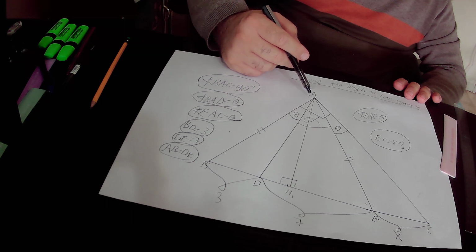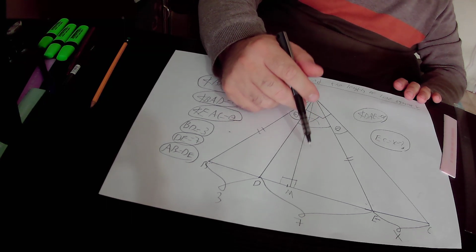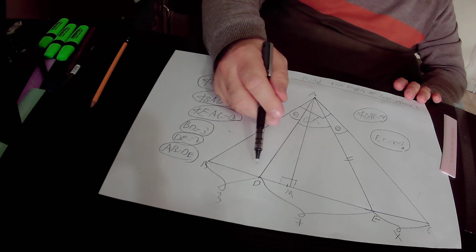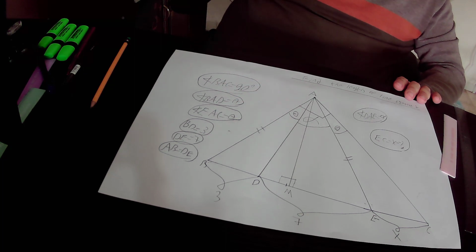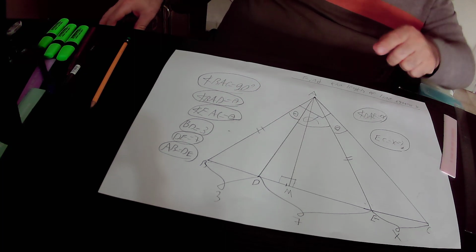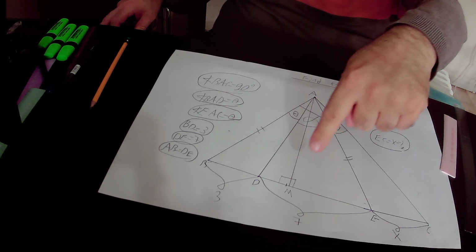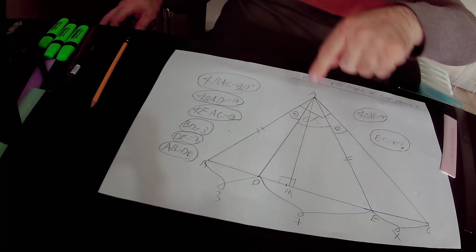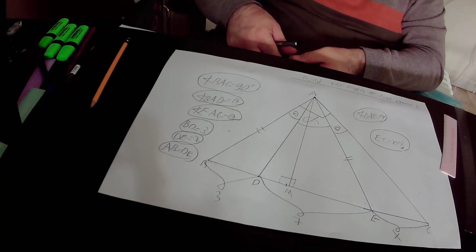The height must create 90 degrees with the base, so you can see that line segment AM indeed creates 90 degrees with the base, so the height is AM. So the area of triangle BAD will be equal to the base BD times the height to the base, that is AM, over 2. Okay, so I'll write it down.